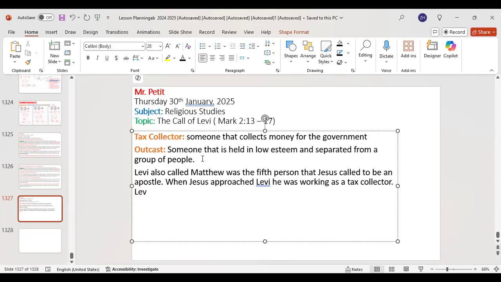But Levi gave up everything. Levi gave up everything. He gave up his money, gave up his power to be a follower of Jesus, to follow Jesus.